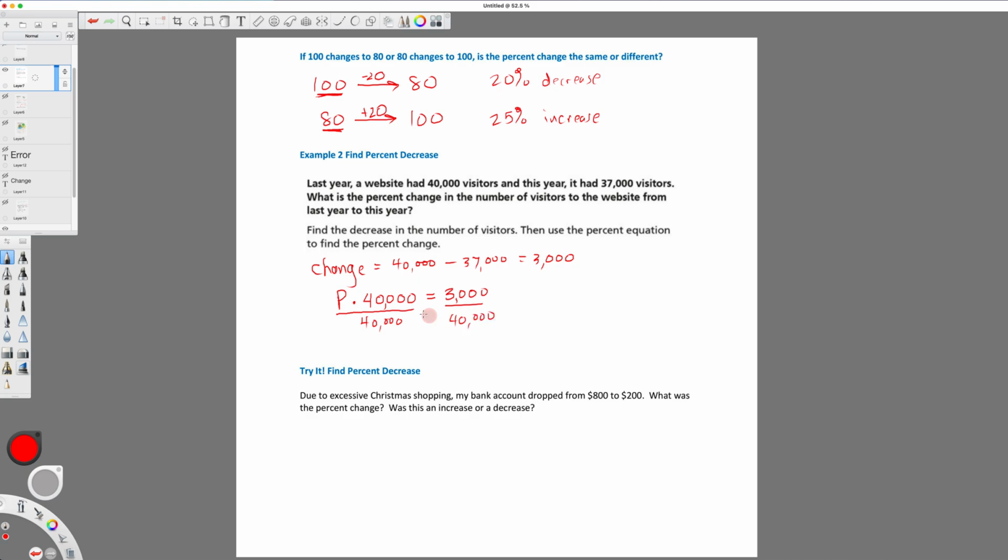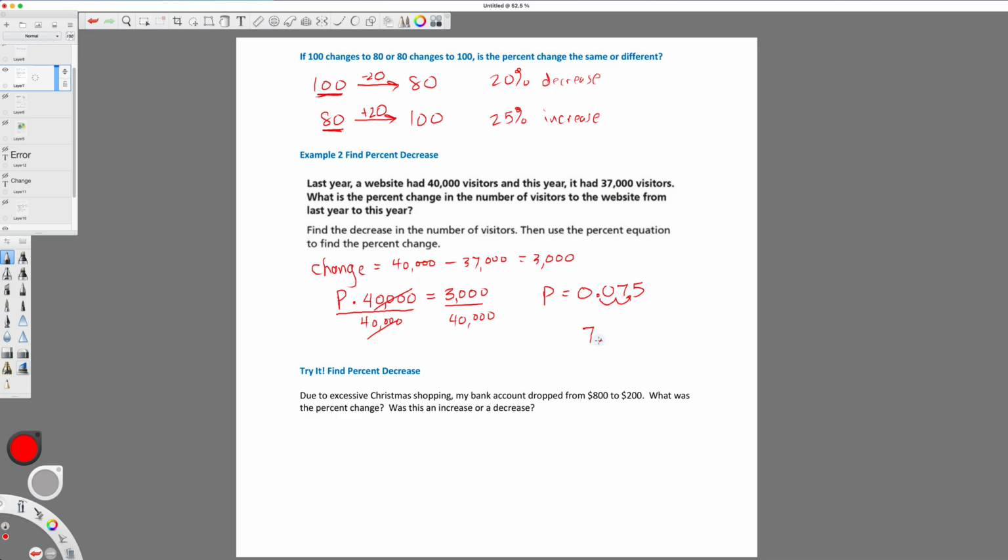I'm dividing by 40,000, the coefficient of my variable p, and so I get p equals 3,000 divided by 40,000, and I get 0.075. But remember, that's the decimal form of the percent.